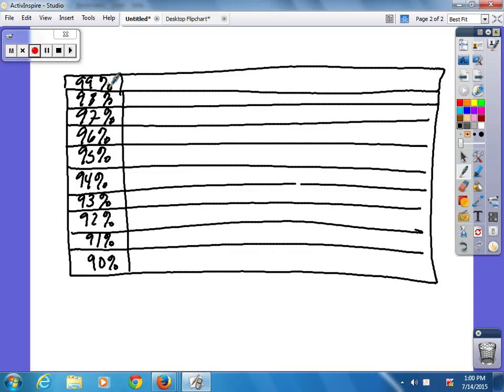All right, right here, we're going to put alpha. Alpha is basically 1 minus the confidence level. Okay, and it's called alpha.